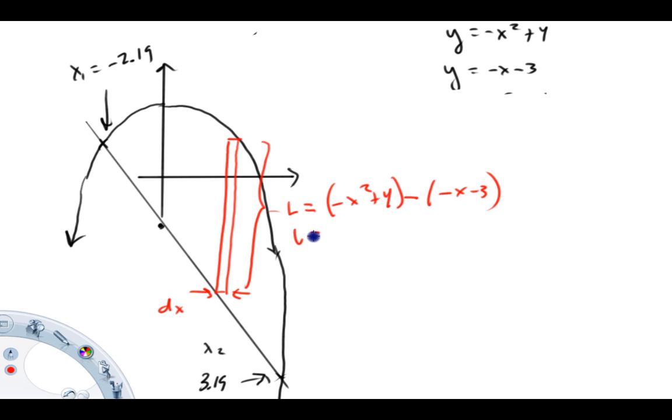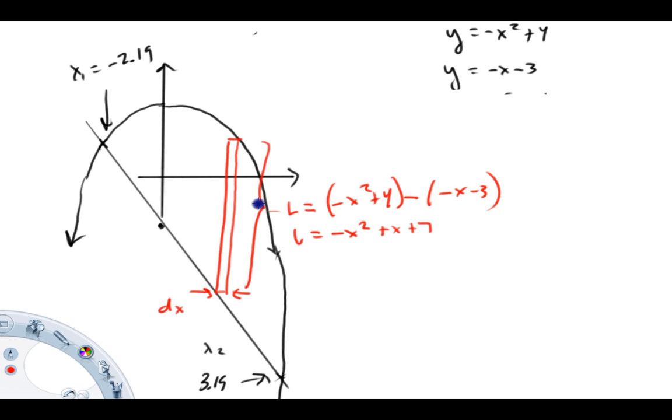So the length of that rectangle, we can rewrite this a little bit, is equal to minus x squared plus x, and then 4 minus a minus 3 is plus 7. Okay. This stuff needs to be labeled because the equations for the area are based on it.